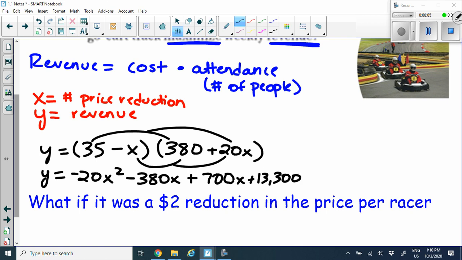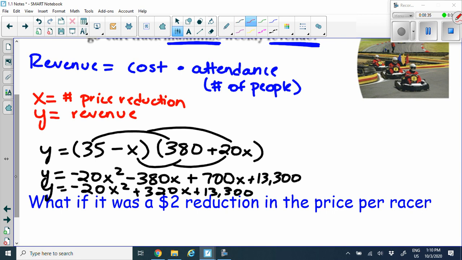And let me rewrite this so I can condense everything. So negative 20x squared. I do negative 380 plus 700, and that will give me positive 320x, and then plus 13,300. Okay. Now, if we want to maximize, now this is probably why we did the problem from the previous one, maximize, what does that make you think of?